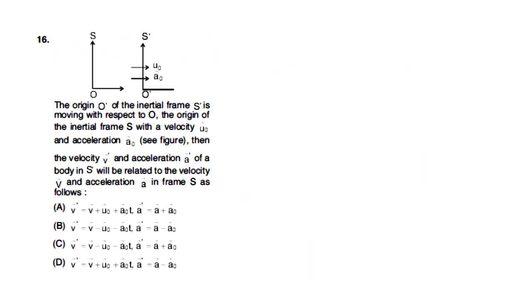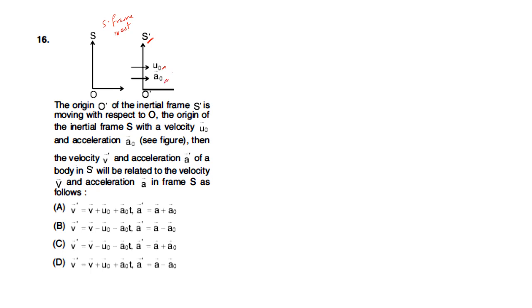Here in this question 2 frames are given. One is S frame, which is at rest. Another one is S prime frame, that is moving with velocity u0 and acceleration a0.